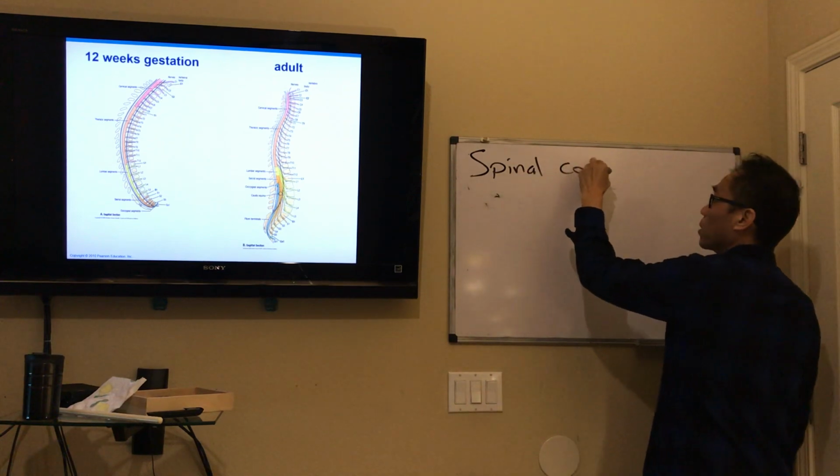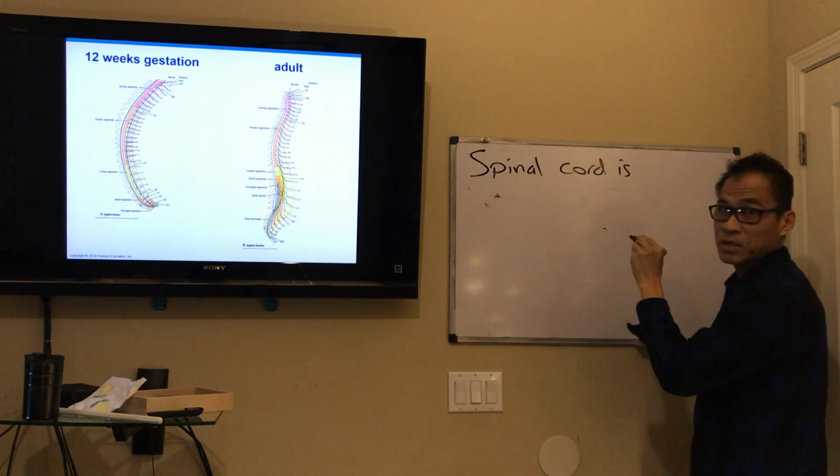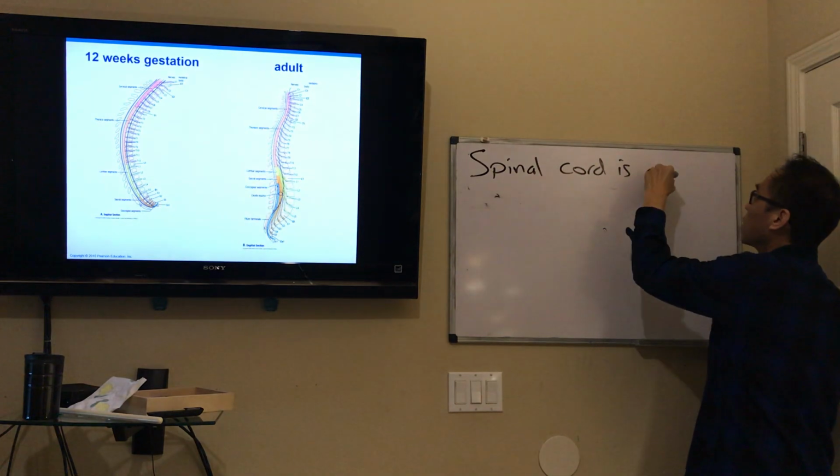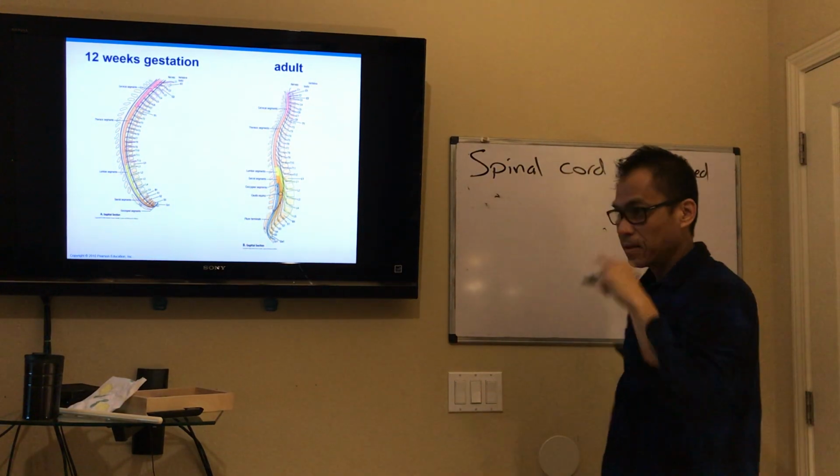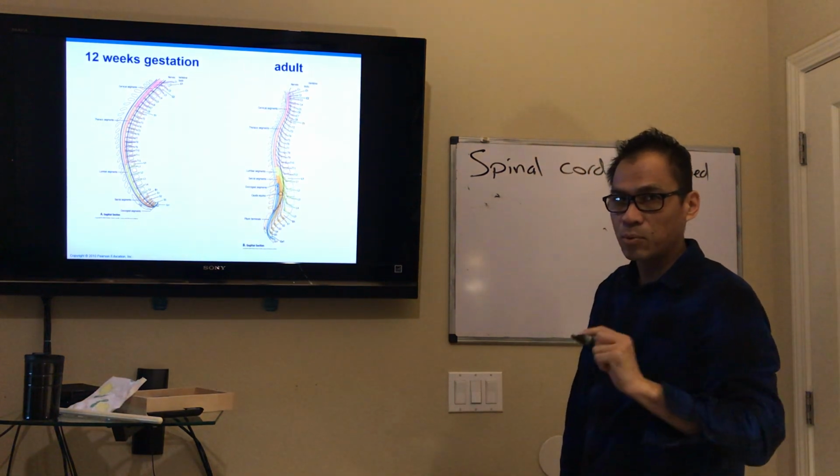Spinal cord is arranged into the same regions as the vertebral column.